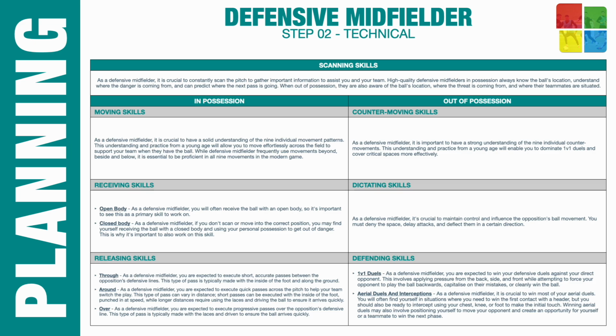Now going over to the defending side, we're going to look at dictating skills. This is about controlling your opponents by denying space, stopping them progressing, and deflecting them where you want them to go. So staying in control. And lastly, defending skills. This means looking for ways to win the ball cleanly, in 1v1 duels, opportunities to intercept and compete in aerial battles.